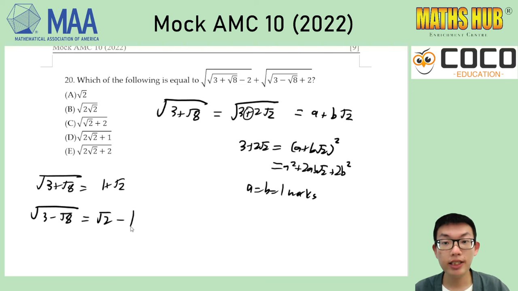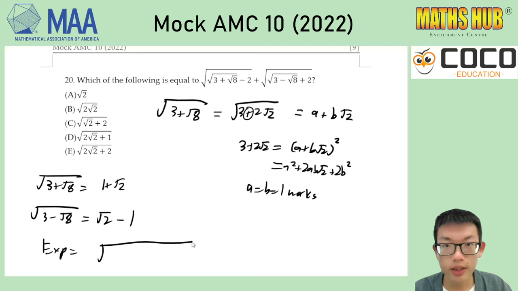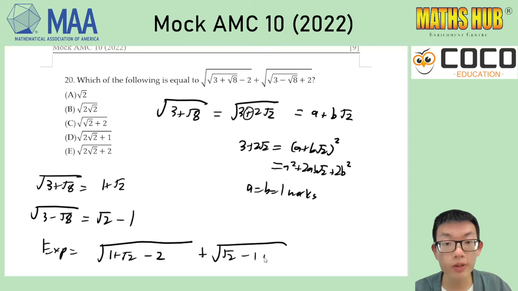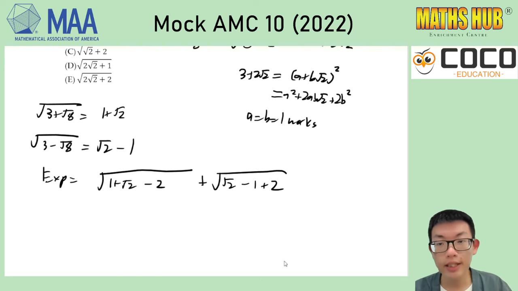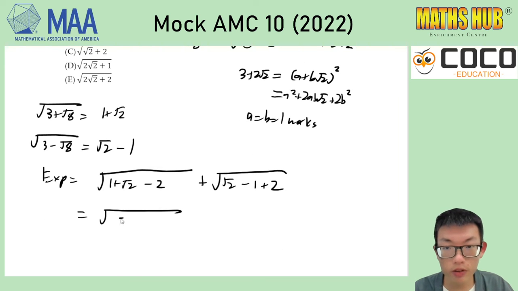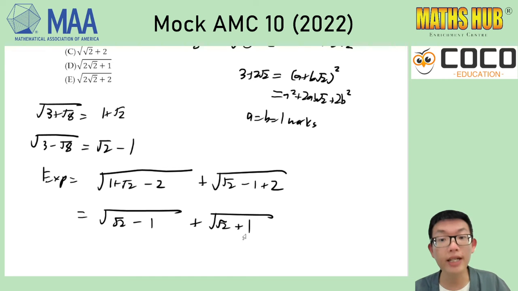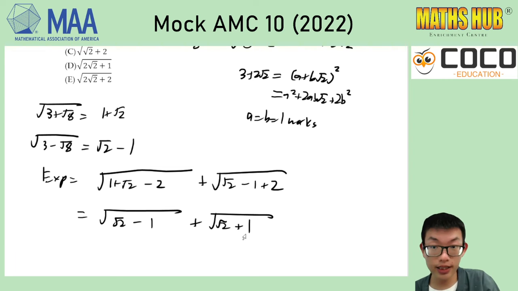Now that we have this, we can simplify our expression into the square root of 1 plus square root 2 minus the square root of 2 plus square root 2 minus 1 plus 2 square rooted, and this is equal to the square root of square root 2 minus 1 plus the square root of square root 2 plus 1, and this now does include conjugates.